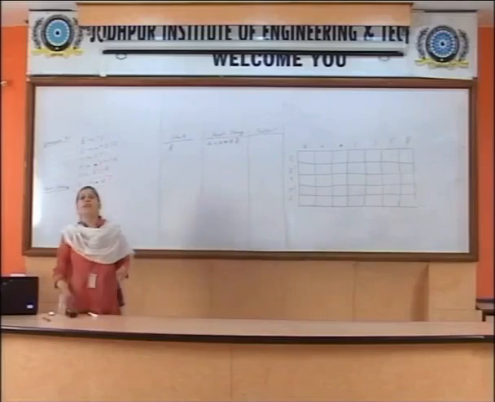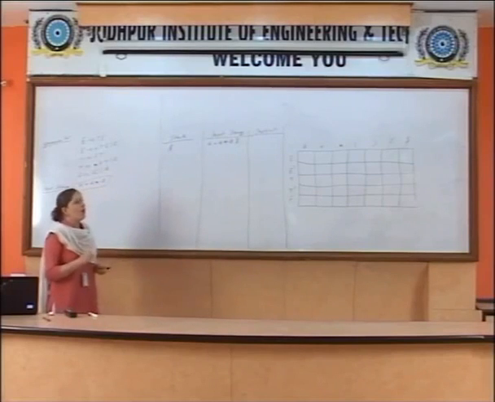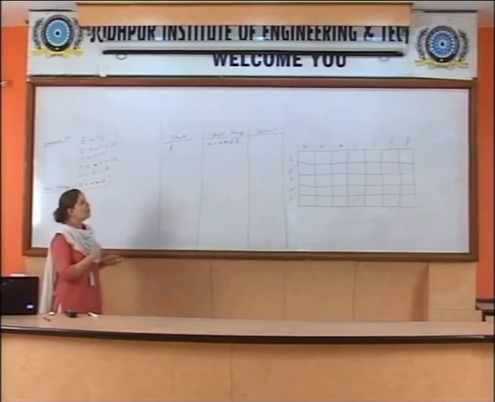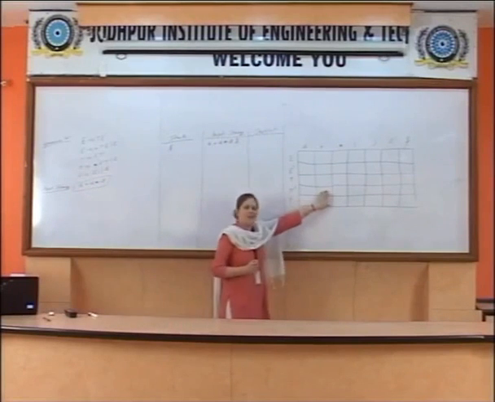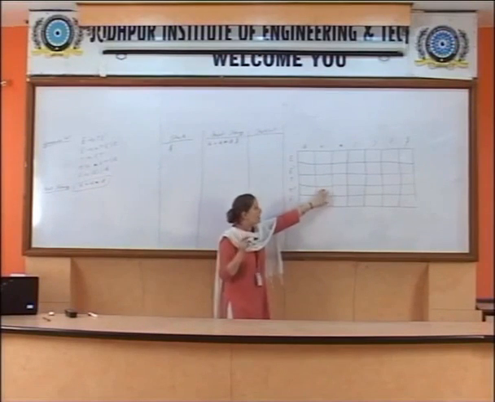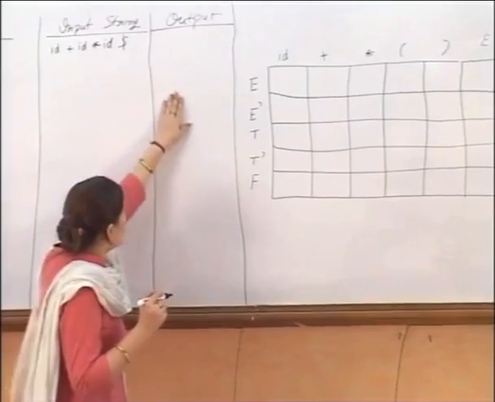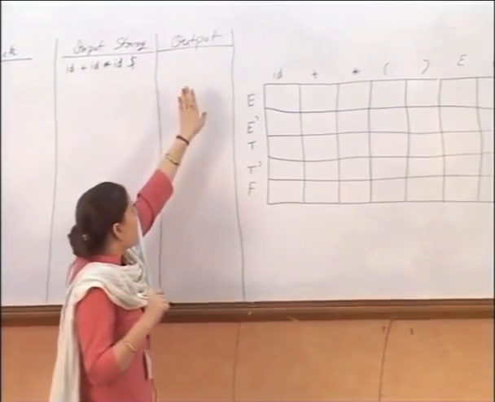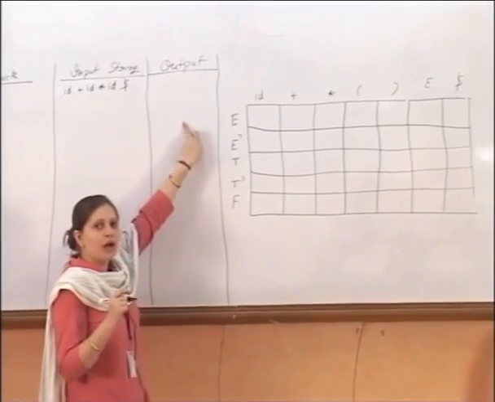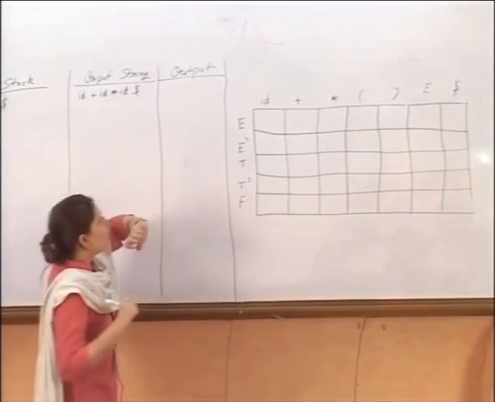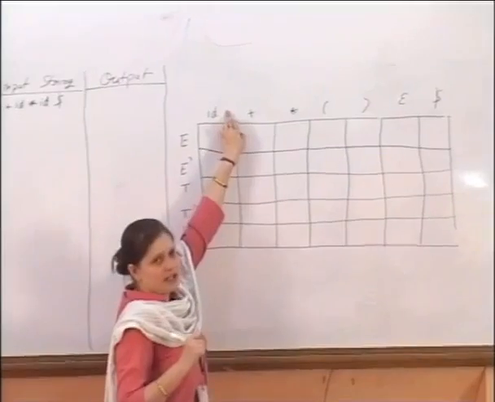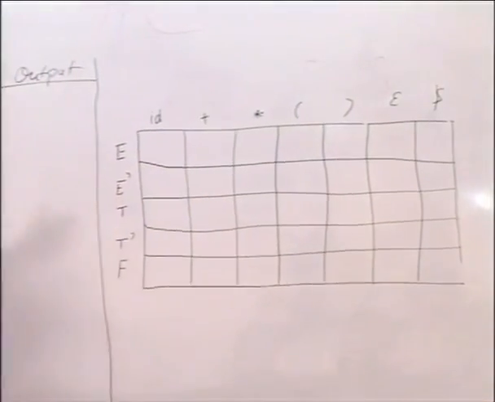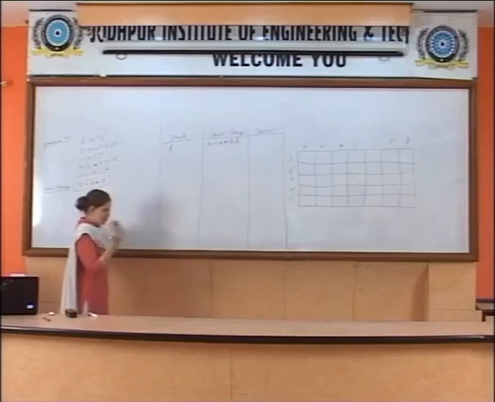Now, we need to place all of the production entries into this parsing table, because these productions which we enter into the parsing table will be used for parsing that input string, and those productions will be written into the output. So, for scanning this identifier, that is id, we had an expansion that is E to T E dash.